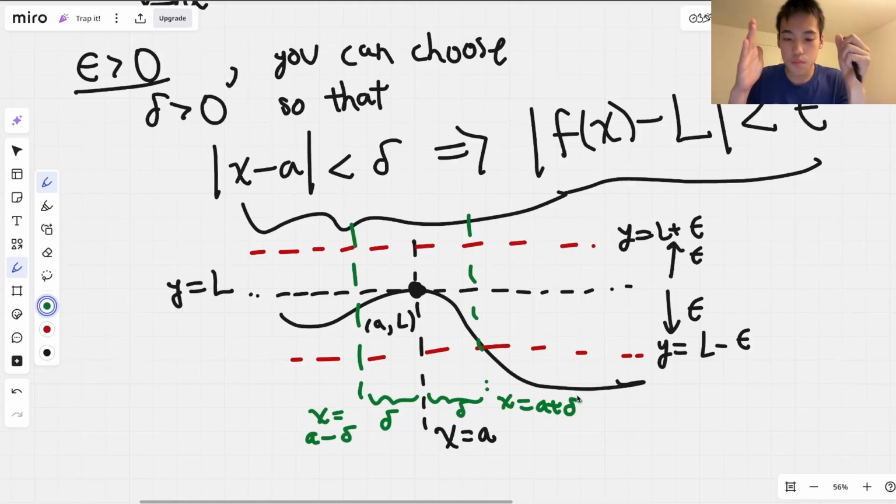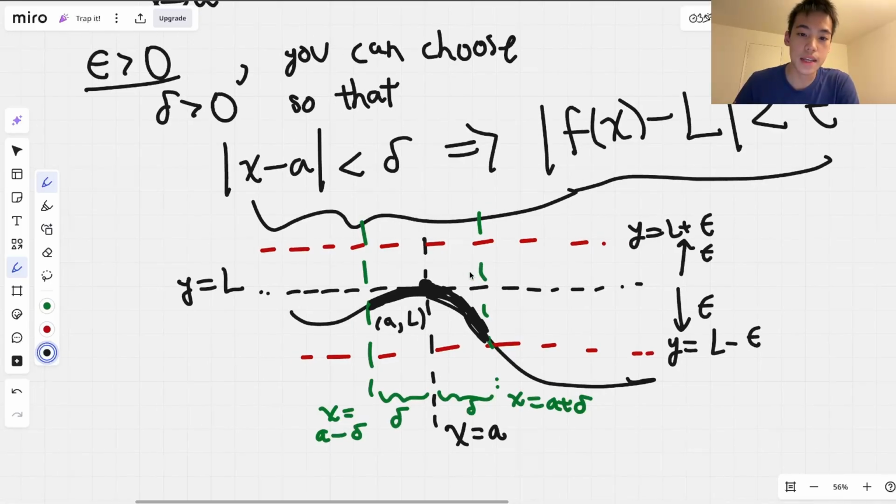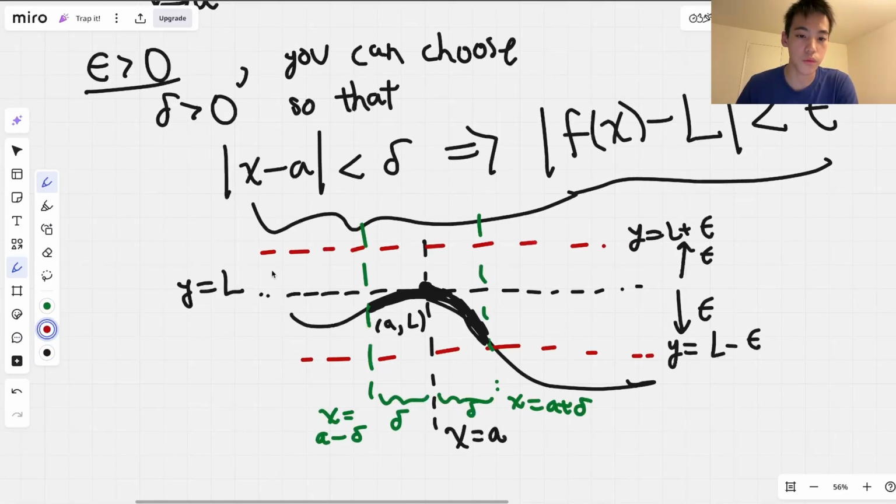If you can give me a delta so that this function is constrained, then the limit exists. And that's for any epsilon greater than 0.